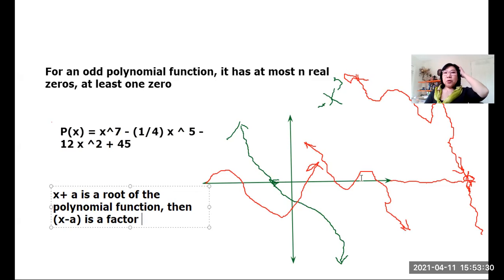Okay, so you know that any polynomial function, for example, the quadratic you learned in the past, can be factorable or can be unfactorable. But let's say if they are factorable, then each of them, like the bracket here, if x plus a is the root of the polynomial function, then x minus a is a factor.